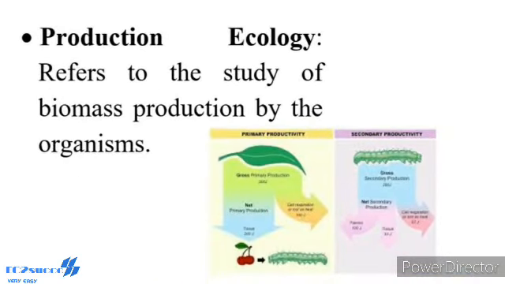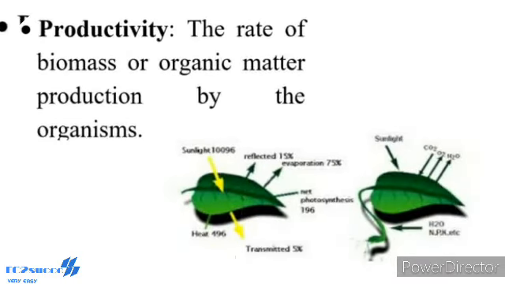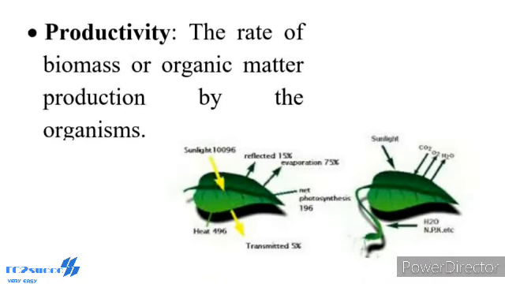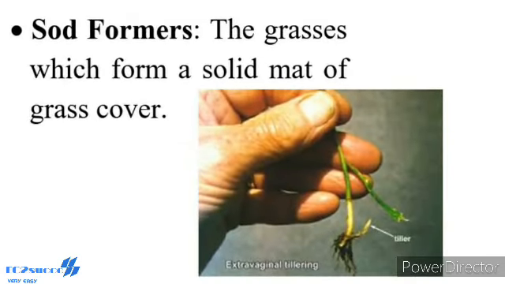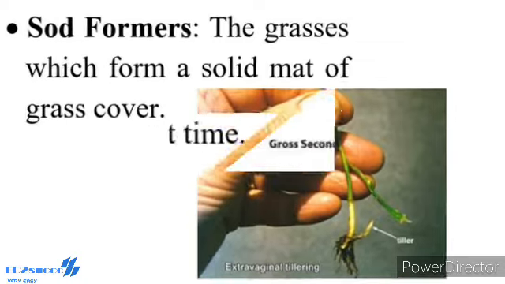Next one, production ecology. Production ecology refers to the study of biomass production by the organisms. Next one, productivity. The rate of biomass or organic matter production by the organisms. Another one, sod forms, the grasses which form a solid mat of grass cover.